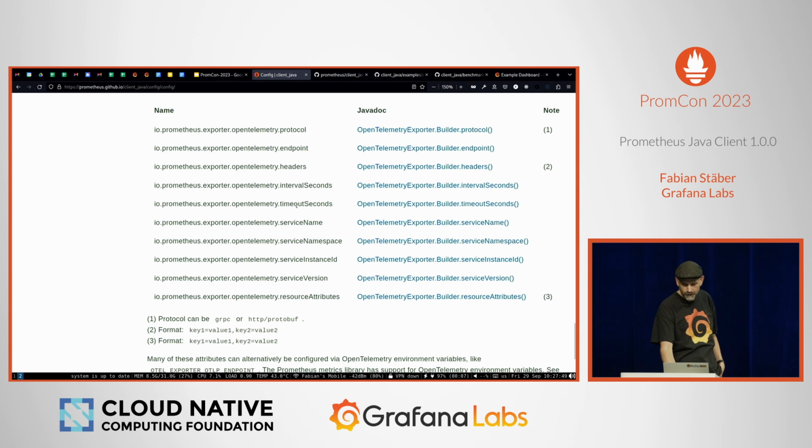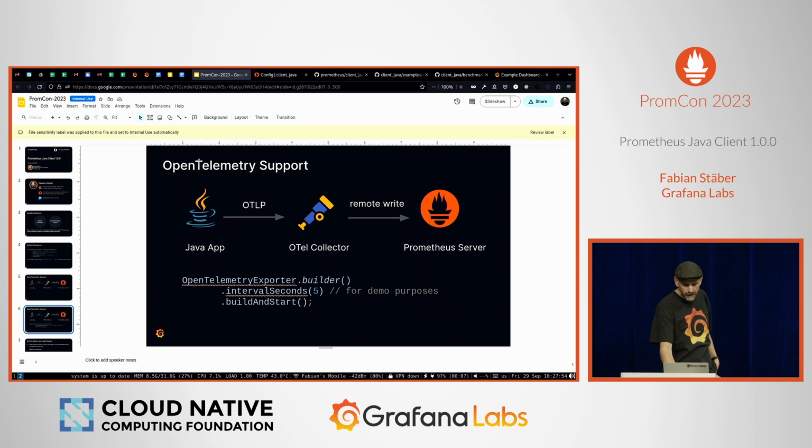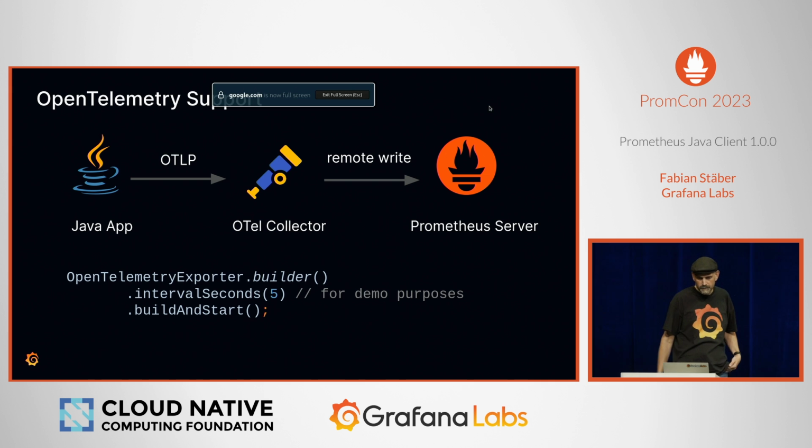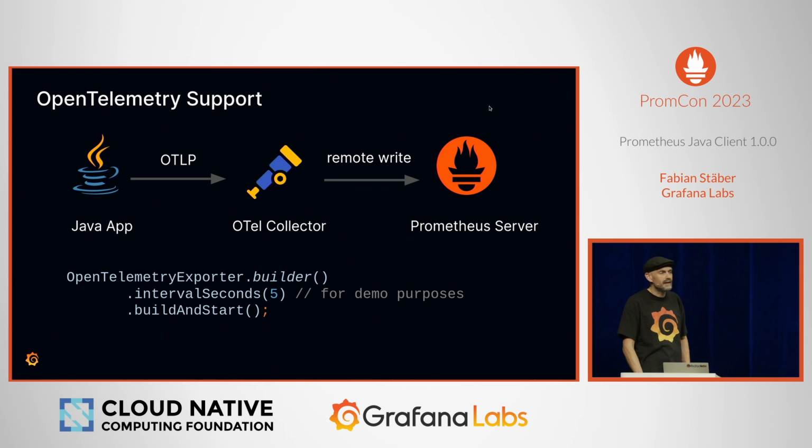So lots of configuration options are supported. This is already cool, and it gives you the option to push metrics in OpenTelemetry format. However, if we aim at good integration with OpenTelemetry, this is not the whole story, because OpenTelemetry is more than just a definition of a transport protocol.